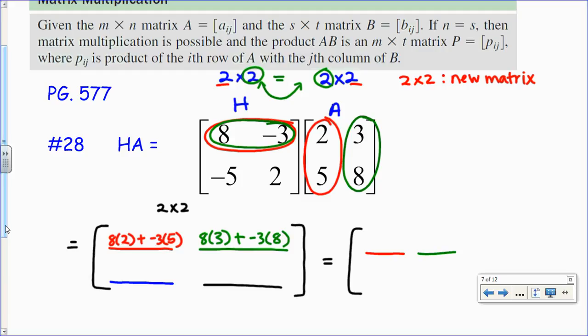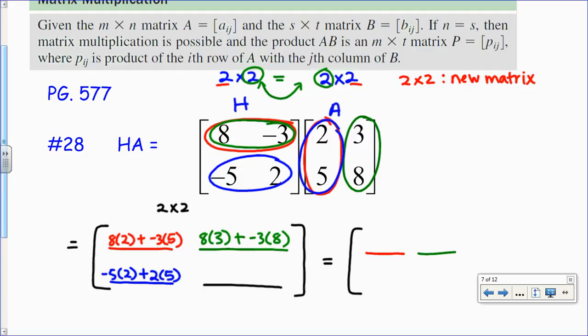Now let's look at the blue line. So what position is that? That's row 2, column 1. Okay, so row 2, column 1. So that's negative 5 times 2 plus 2 times 5.